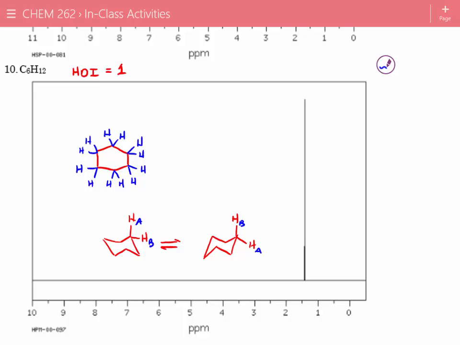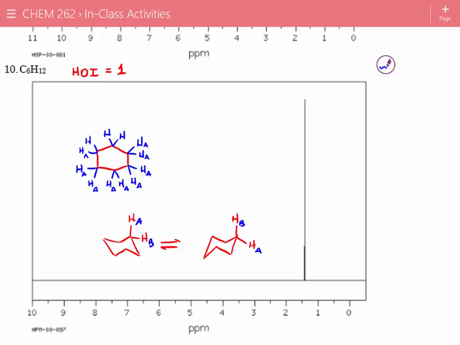Cyclohexanes will flip-flop and do this inversion of a chair, or chair flip, and so over time they tend to average out and share the exact same signal. So if we look at cyclohexane in the NMR, it's not locked into one conformation. It's actually rapidly flipping at room temperature, and so all of these protons are going to be equivalent because they're all going to average out over time.